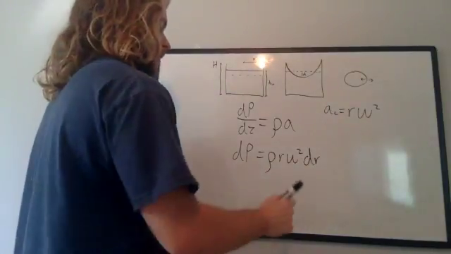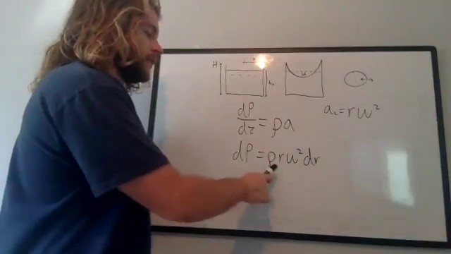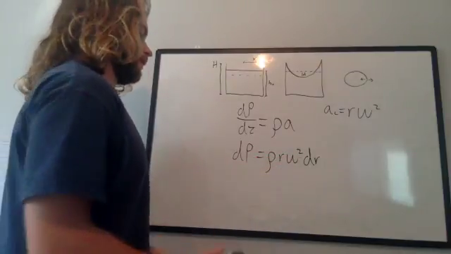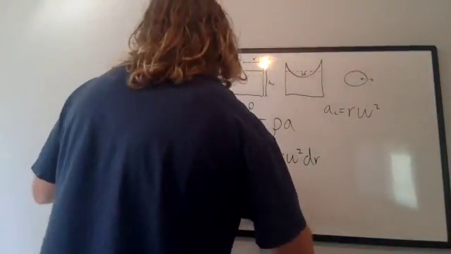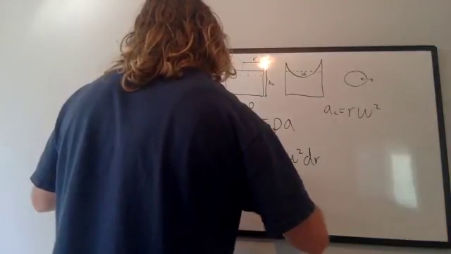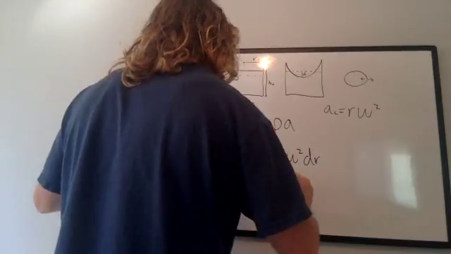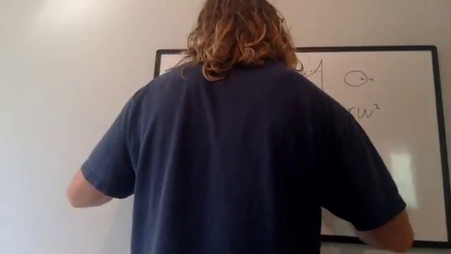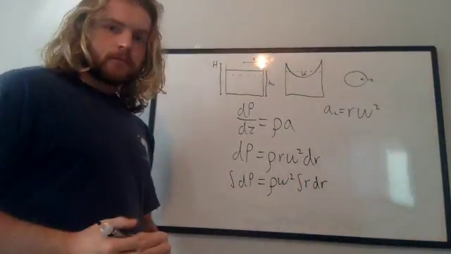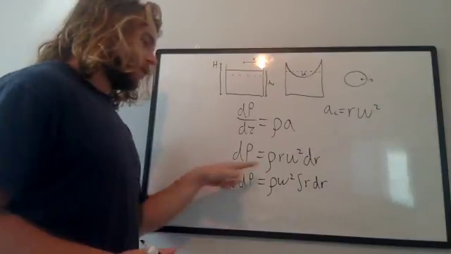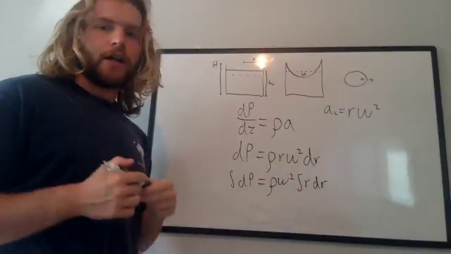And pretty much what we can do now is go ahead and integrate, right? This density is going to be constant, and this angular acceleration is going to be constant, so we can pull those out of the integral. So this is going to become the integral of dp is equal to the density of the fluid times the angular acceleration squared, times r dr. It is also important that we include our parameters of integration, where we're starting and ending our integration from.